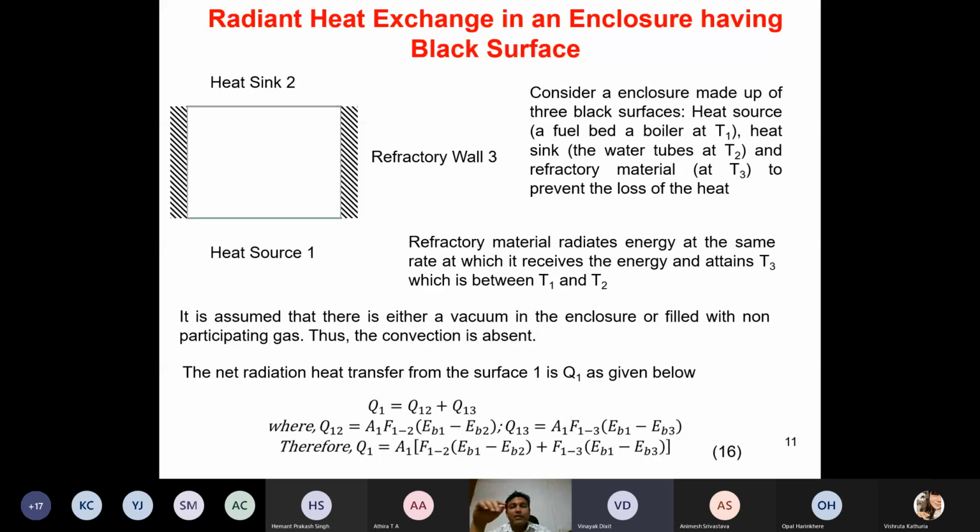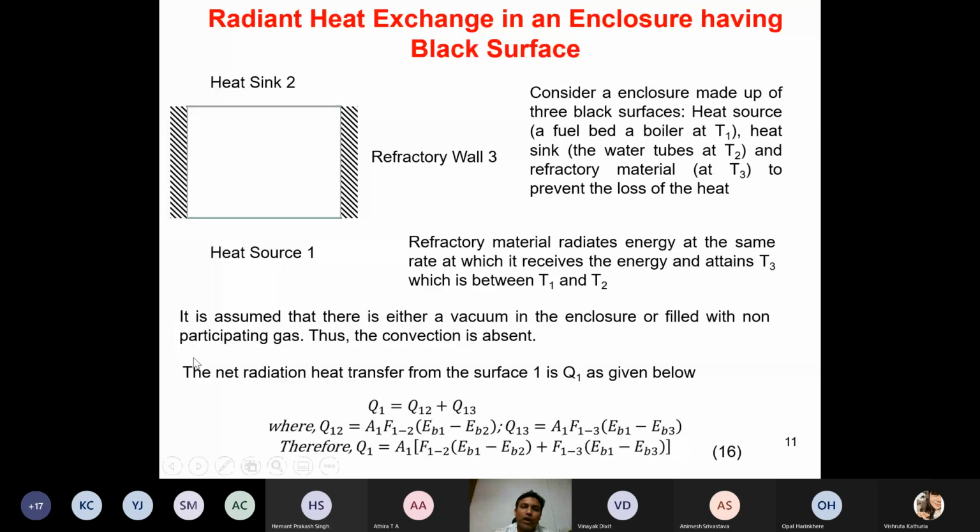Okay. So now let us look at how the effect of this directional thing is going to affect the radiative heat transfer. Let's look at that in a little bit more detail. So let us assume that we have three surfaces.